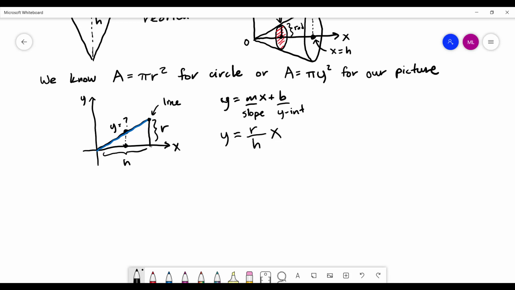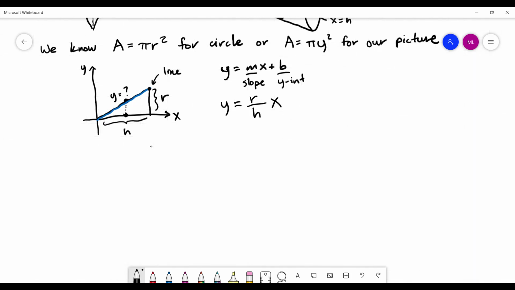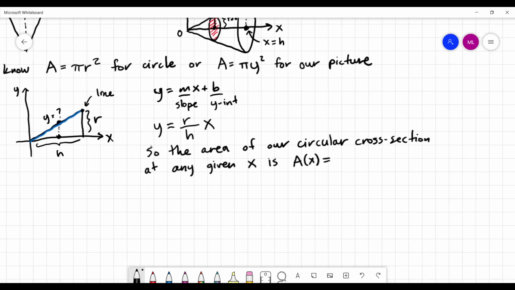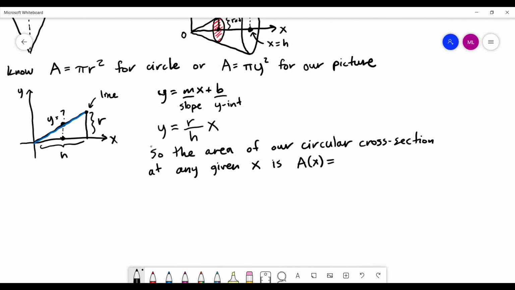And what this means is that our area of our circular cross-section at any given x of our choosing is A of x equals pi times the radius squared, right?